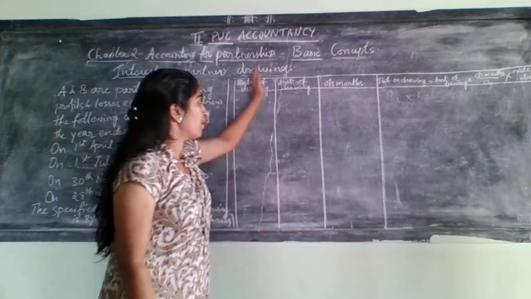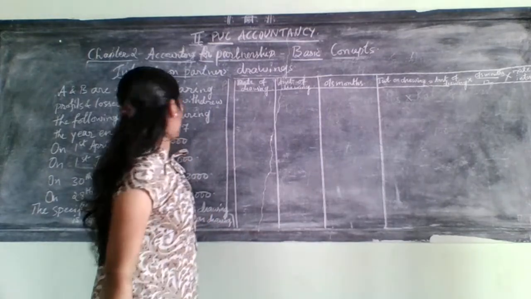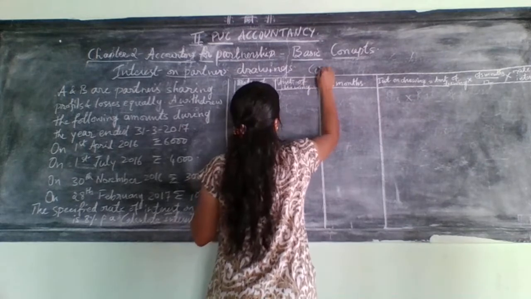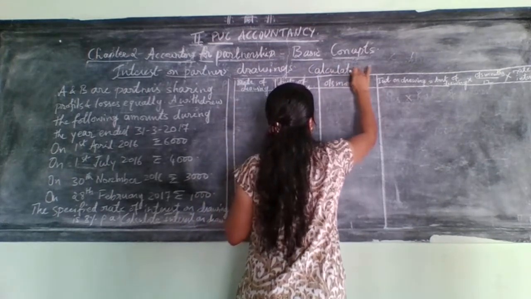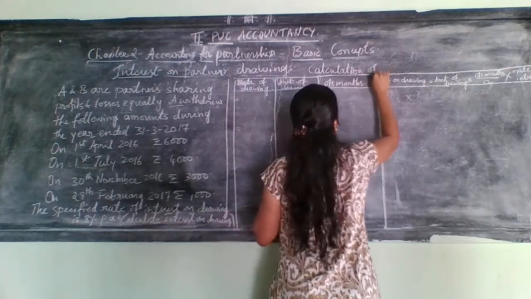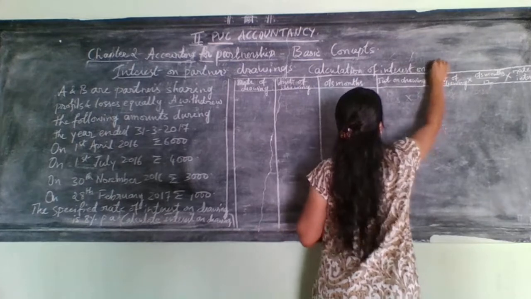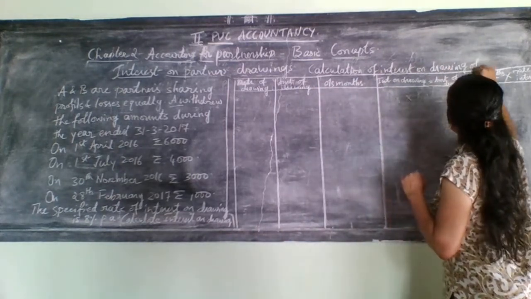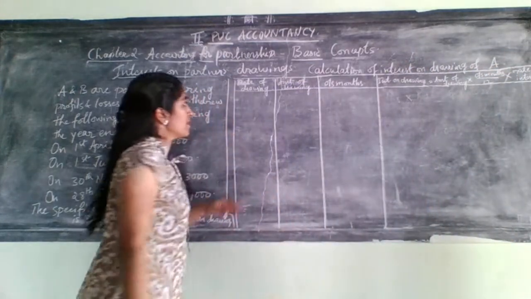Before the columns, we need to write the heading. Whose drawing are we calculating now? We are calculating A's drawing. So write the heading here: Calculation of interest on drawing of A.